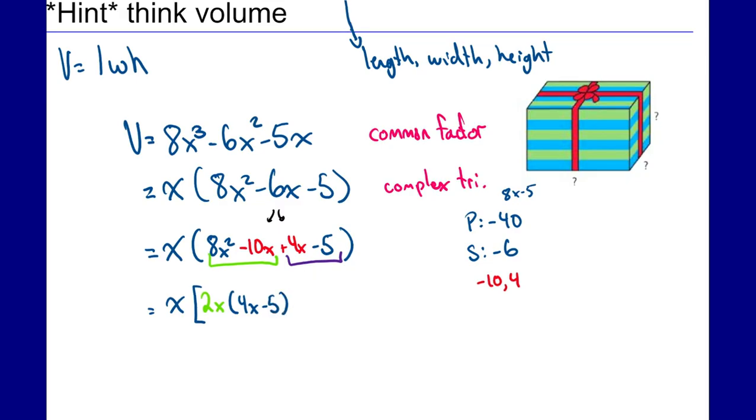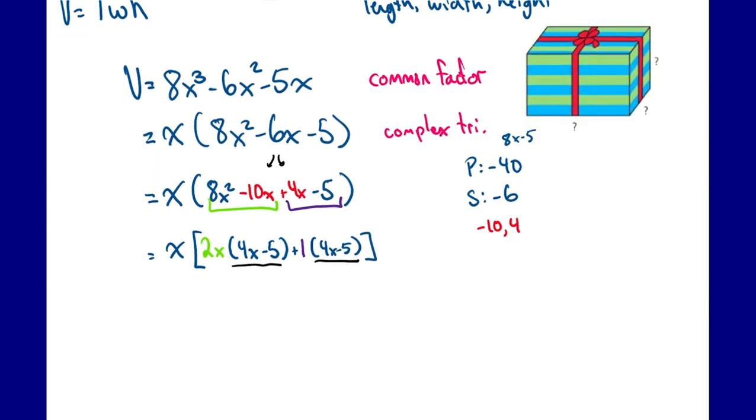In the second pair, there's nothing I can really take out, so I'll take out a factor of 1. That's all that's common between them, and it's a placeholder. So 1 times 4x minus 5. I can factor the common bracket out, so I'm left with x times 4x minus 5, and the remainder 2x plus 1.